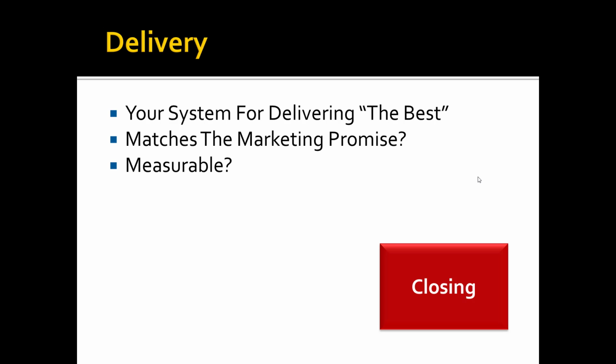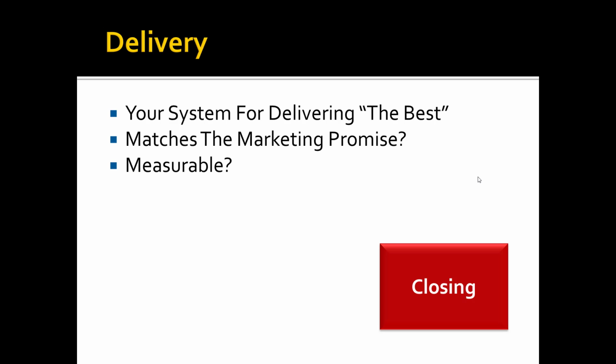What's a marketing promise? That's basically the promise you're making when people start looking at your materials. You're making a promise to solve some problem for them, whether it's providing them with a service or some kind of product. And so you want to look at, does your delivery of your product or service match the rest of your marketing literature?